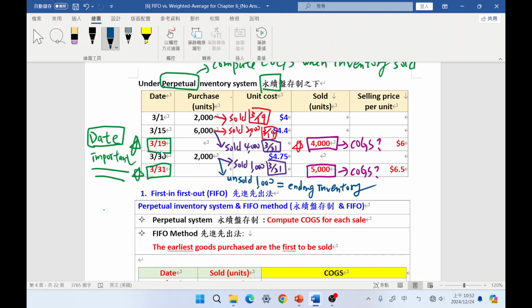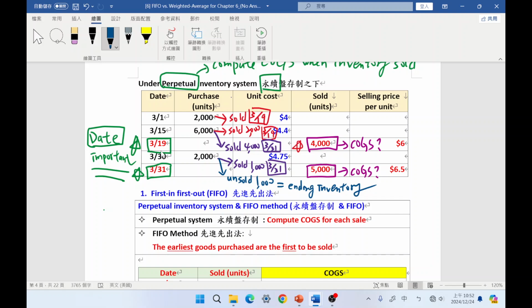But did you find out, when you compare page 9 with page 7 when you use periodic FIFO, did you find out anything? The same. If you look at page 7 and page 9, you will find the answers are totally the same. Why? Because we sold the same inventory.